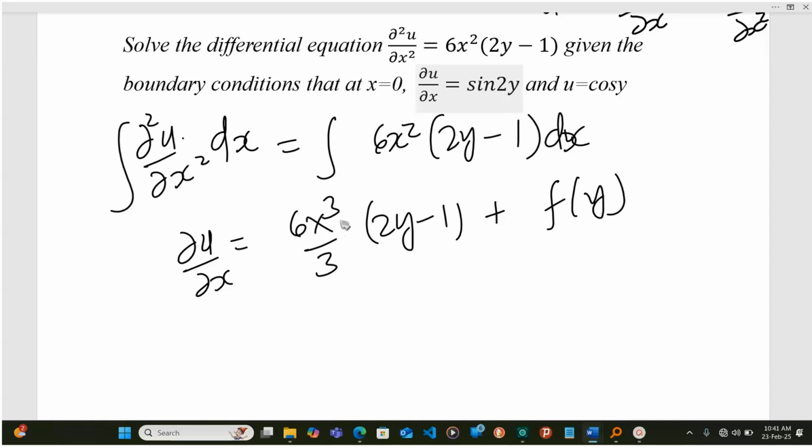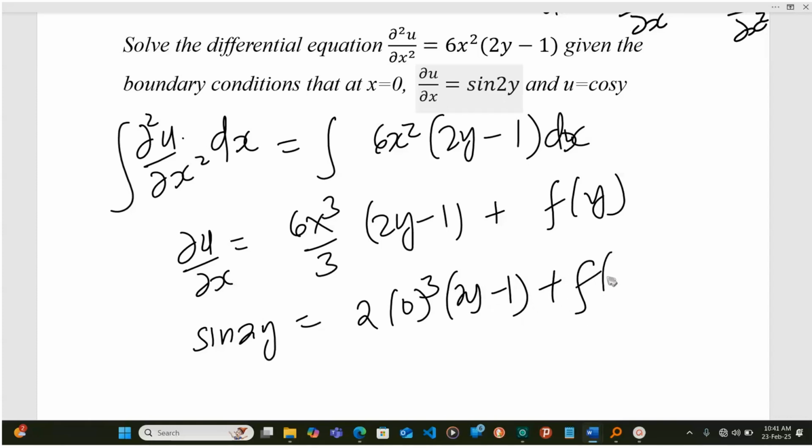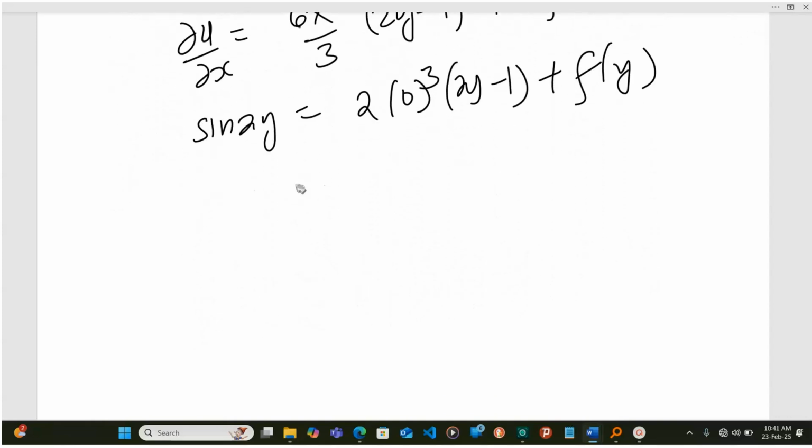So I'm going to substitute in here so that I have del u del x, which is sine 2y, equal to 2 times 0 cubed into (2y minus 1), plus f of y. So this boundary condition is helping us to determine the function f of y.